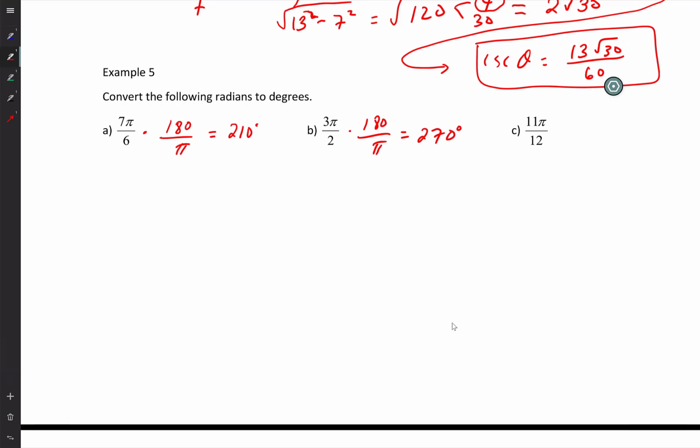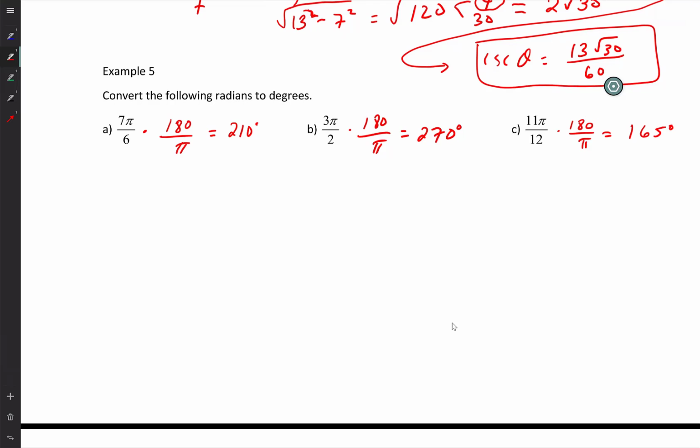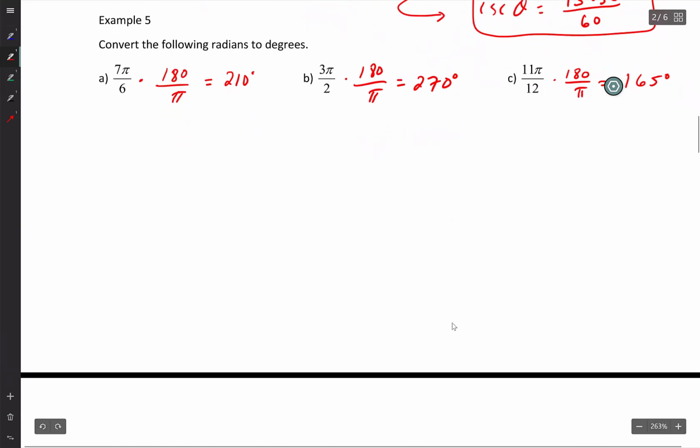And 11 pi over 12, I don't know that one. It's pretty close to pi though. 11 over 12 times 180, so 165 degrees. And there it is, guys. All I did was multiply by 180 over pi, so maybe I should have shown that. Radians to degrees, just multiply by 180 over pi.